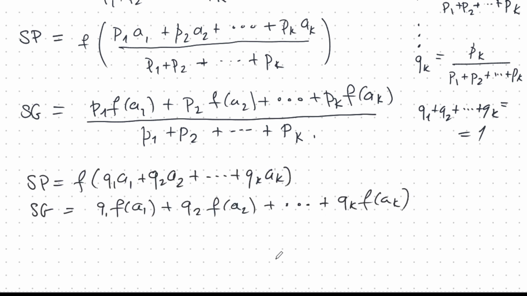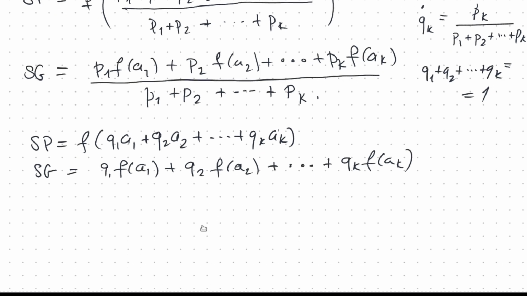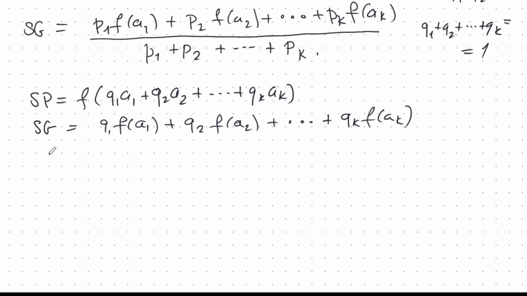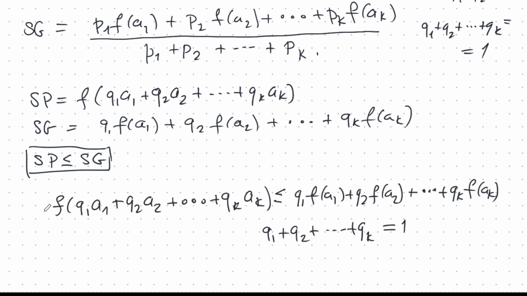We get rid of the denominators and a lot of the tedious writing, and you see why Jensen introduced those normalized weights. Okay, great. We also know that SP is less than or equal to SG, that's what our convex polygon theorem told us. And so now we have Jensen's N-way inequality. And there it is in its full glory. Let's make a big box. This is a very beautiful thing.